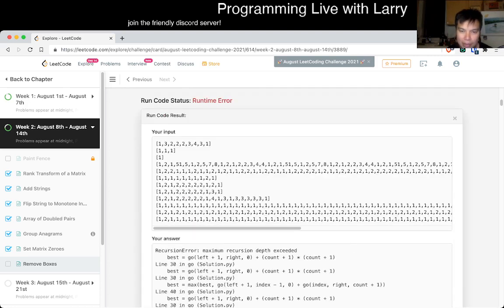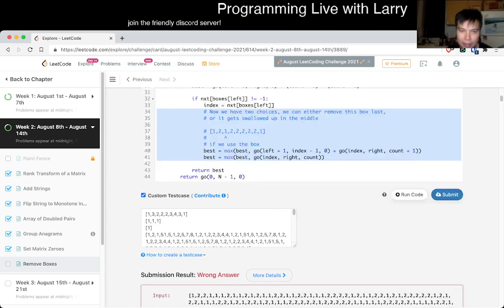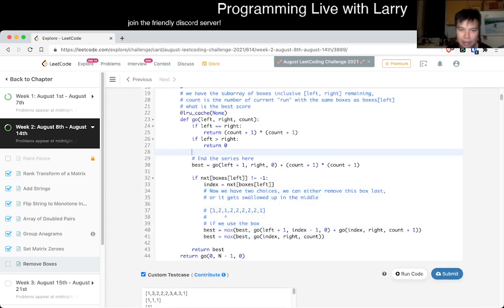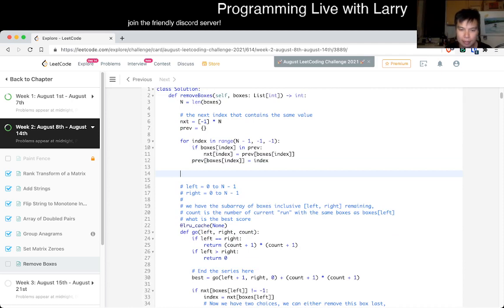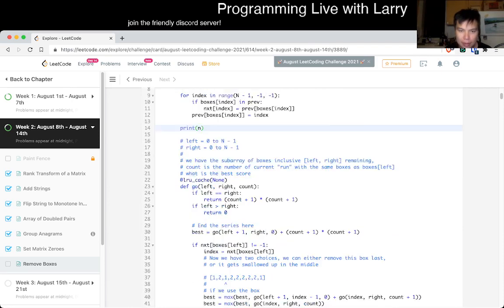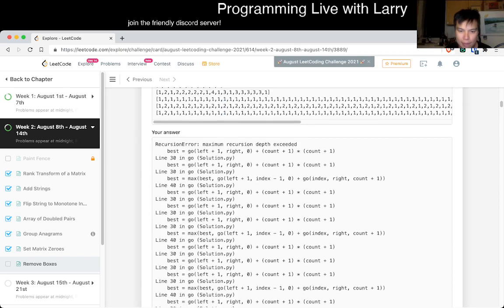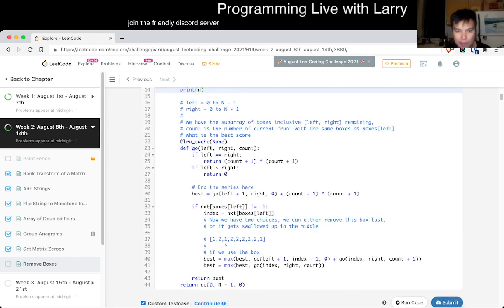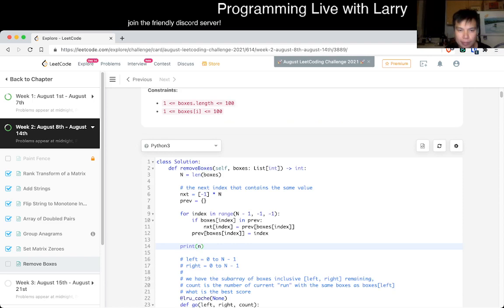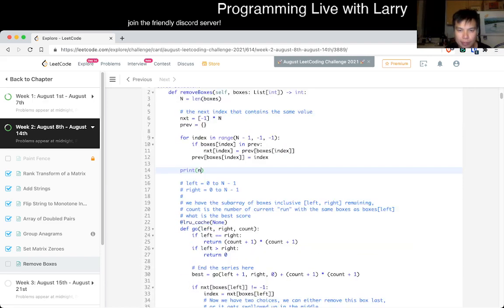Oh, maximum recursion. Did I mess up somewhere? Probably on this thing. Huh.